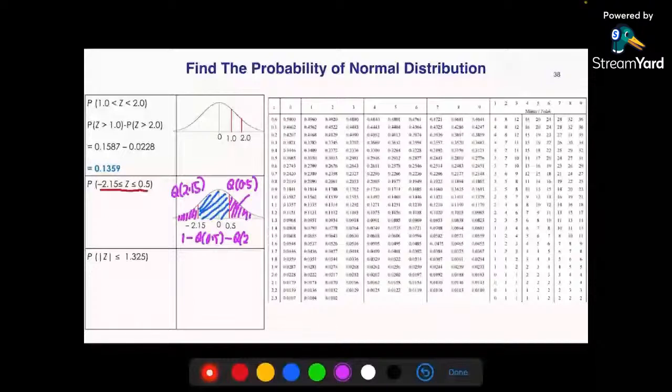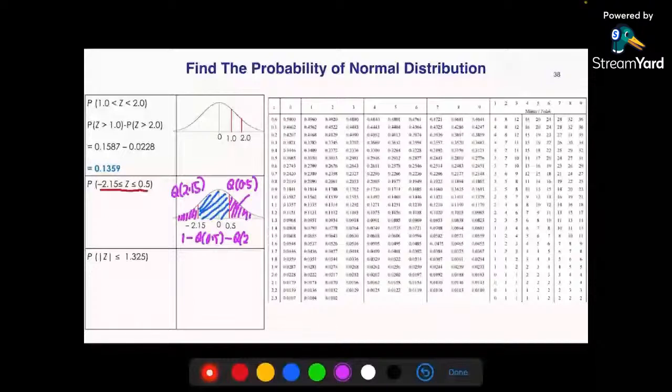Same thing lah. Z tu kalau kita buat macam ni, for instance if I write this way, P Z greater than A, yang ni sama juga dengan Q A sebenarnya.